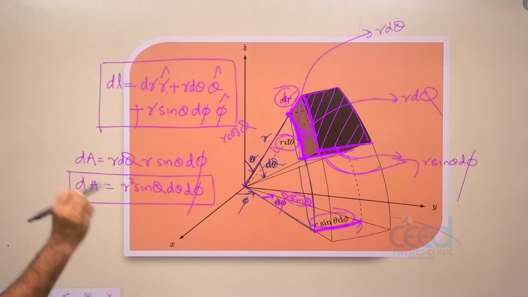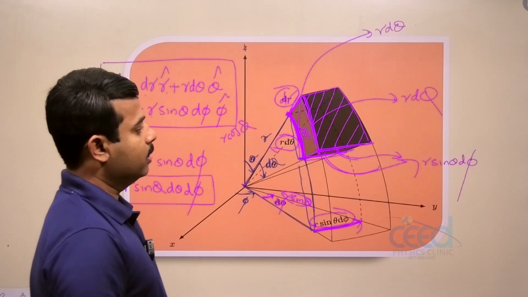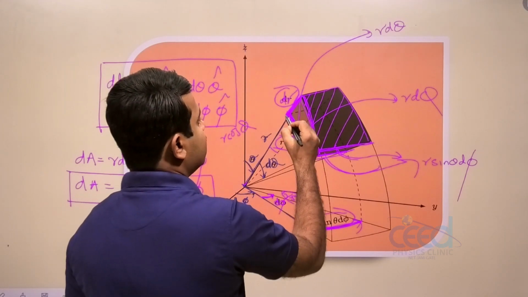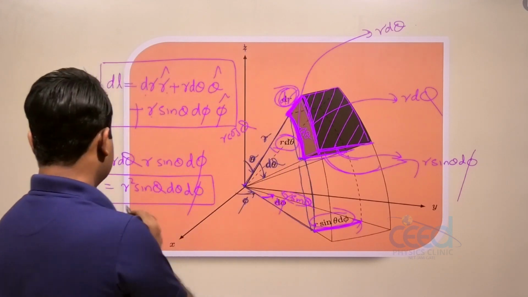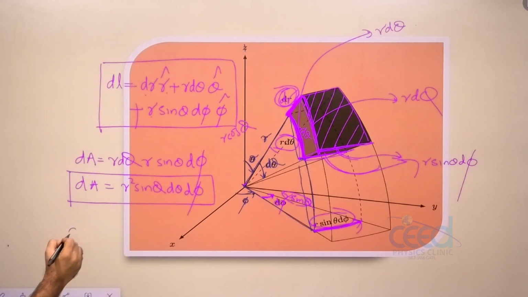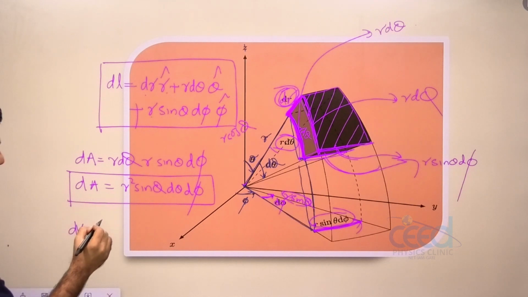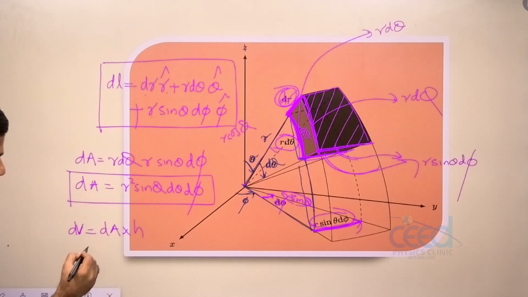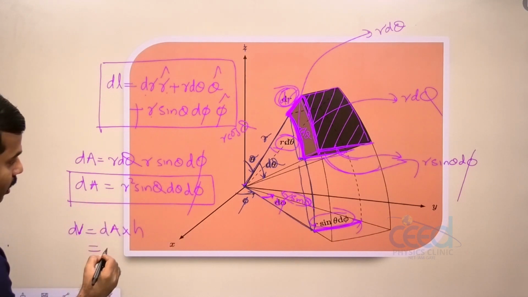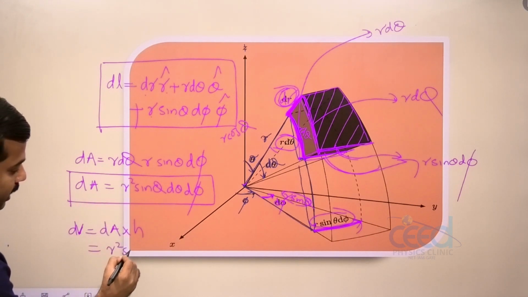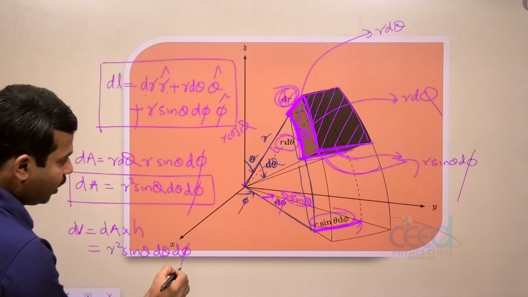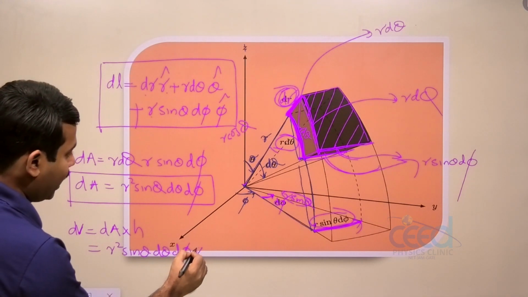Now the volume element, right, is area into height. What is the height? This is the height, dr. What is the area? We already created it. Then dV, that is the volume element, is dA into height. What is dA? r square sin theta d theta d phi into height.